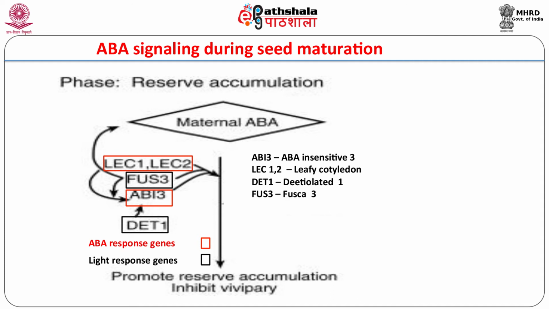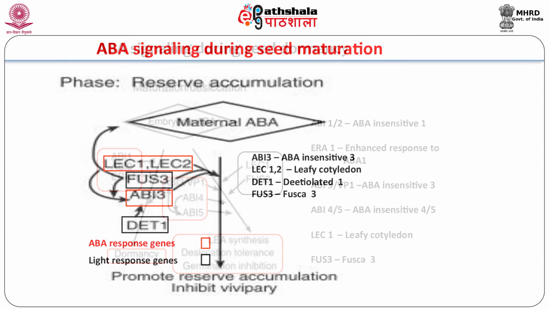Several ABA responsive genes like leafy cotyledon or LEC, ABA insensitive 3 or ABI3 play a role in bringing about this inhibition. At the same time, the developing seed accumulates reserves, and the genes coding for the synthesis of seed storage proteins are shown to be positively regulated by abscisic acid.